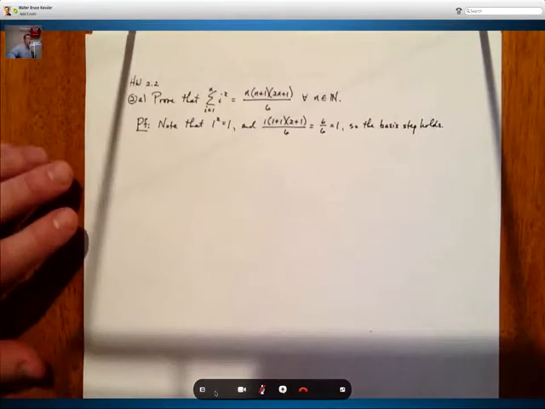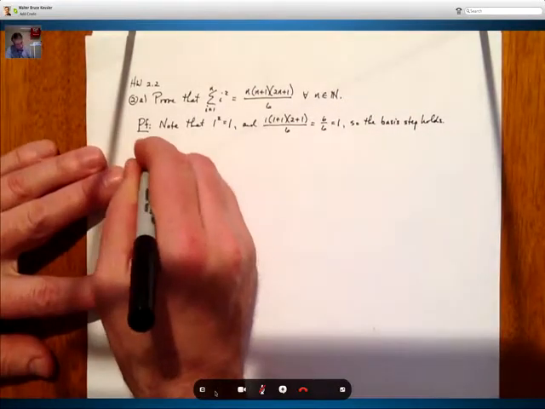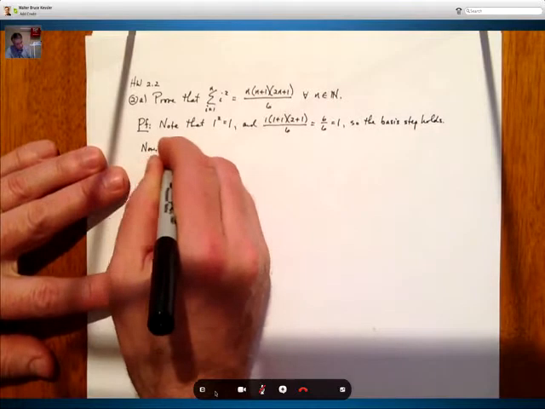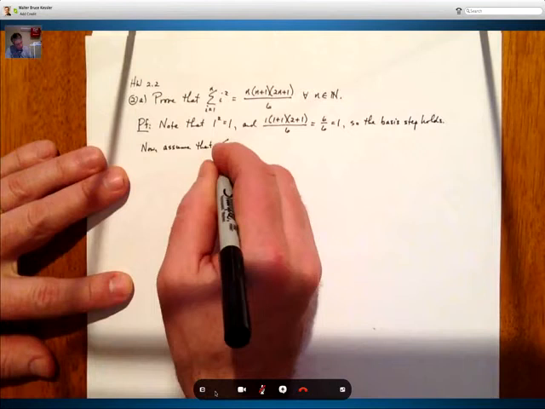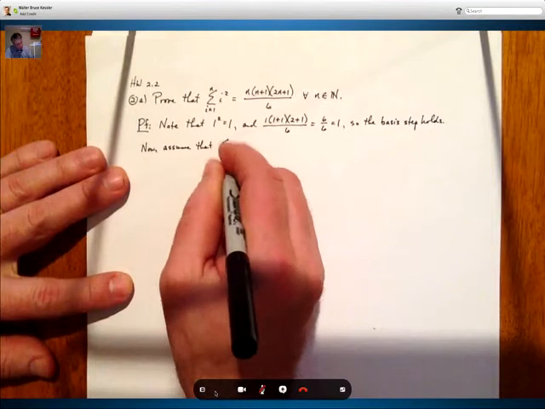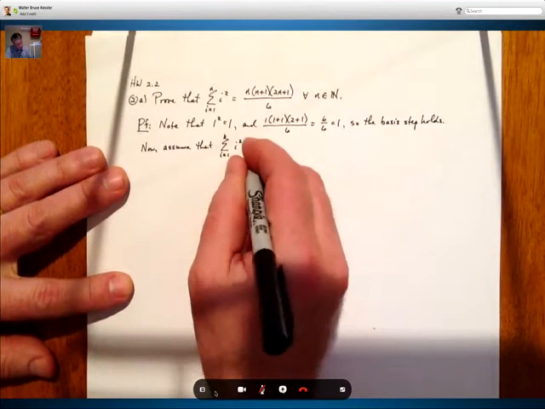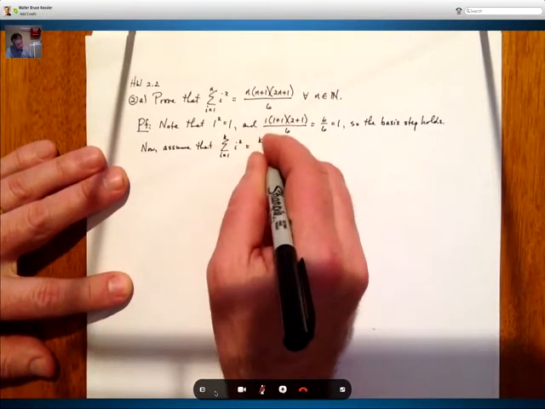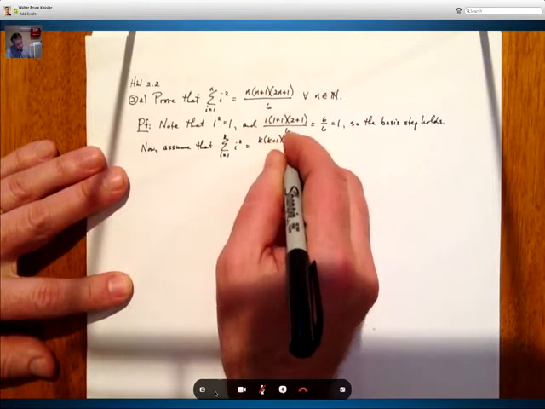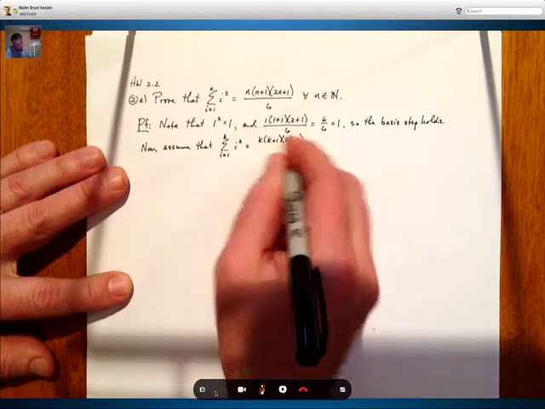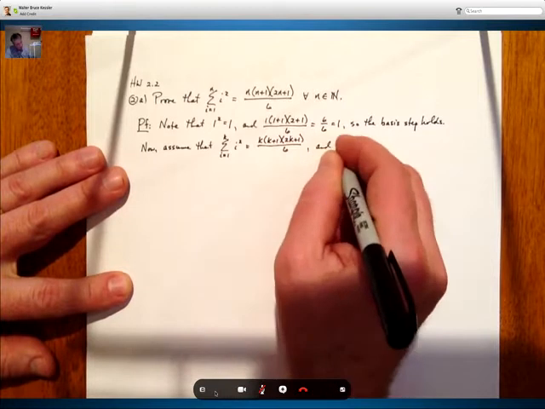Now what we want to do is assume that it works for k. So now assume that when we add up from 1 to k all the squares, that gives us k times k plus 1 times 2k plus 1, all over 6.